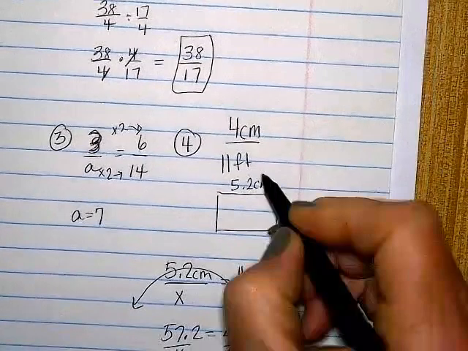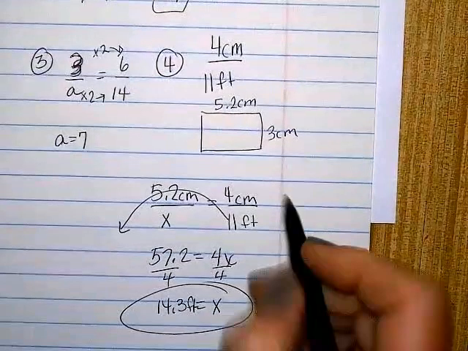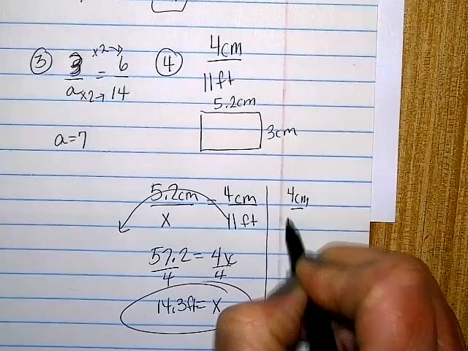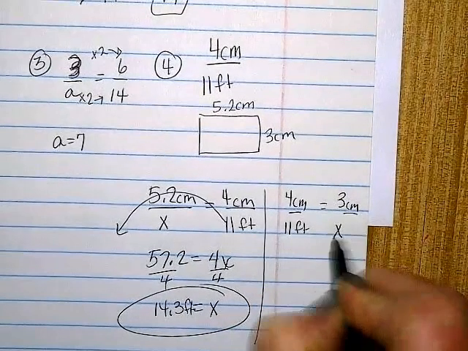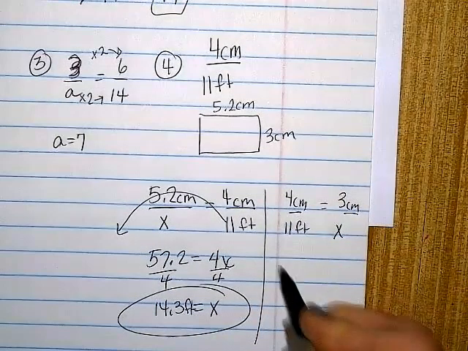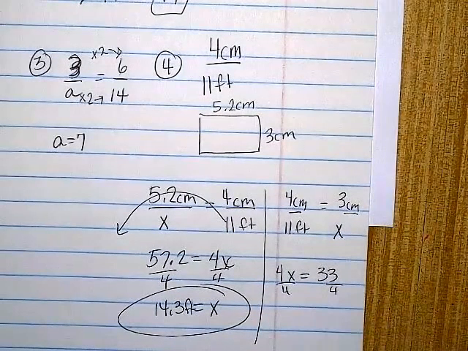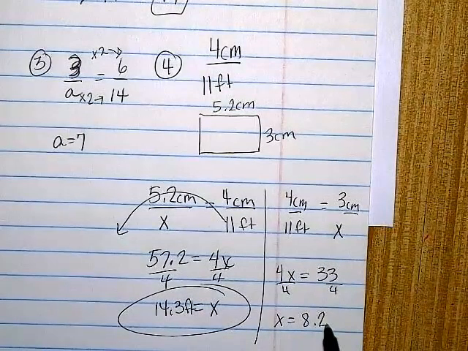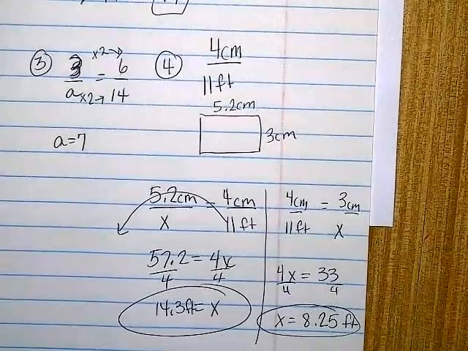So this is one answer. We have to do the same process again. 4 centimeters is to 11 feet, as 3 centimeters is to x feet. Same thing. 4x equals 33. Divide by 4. x is 8.25 feet. Those are my 2 answers.